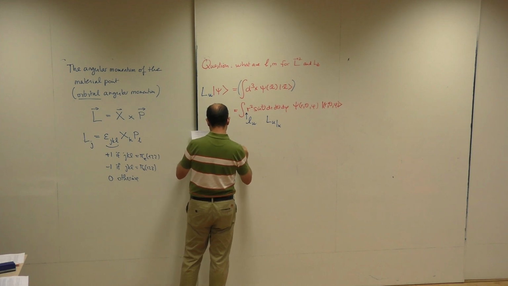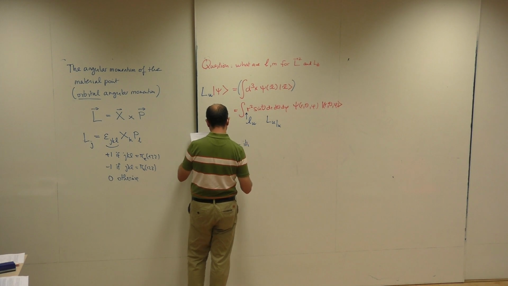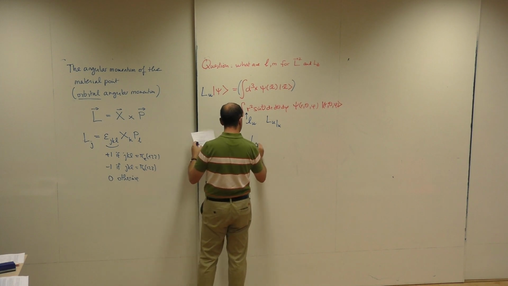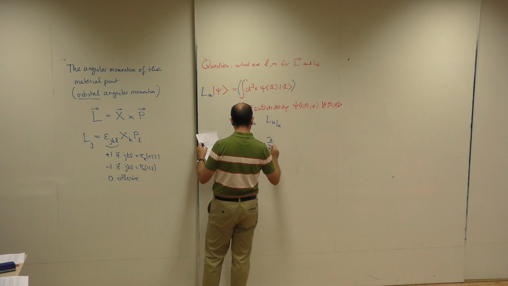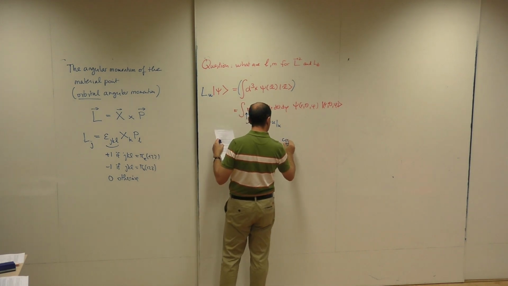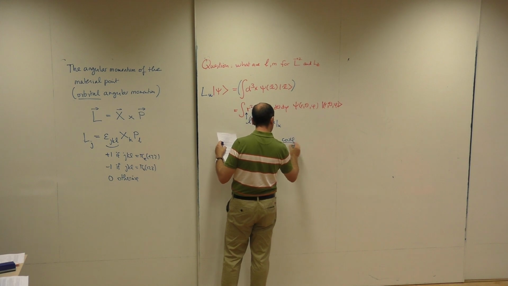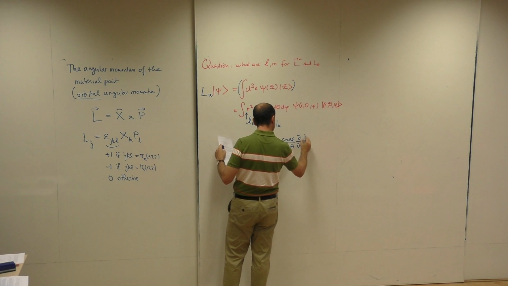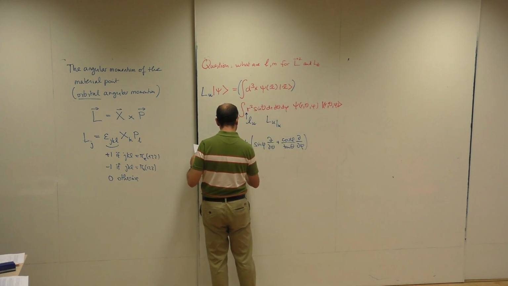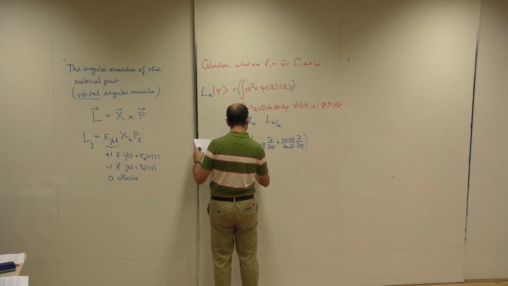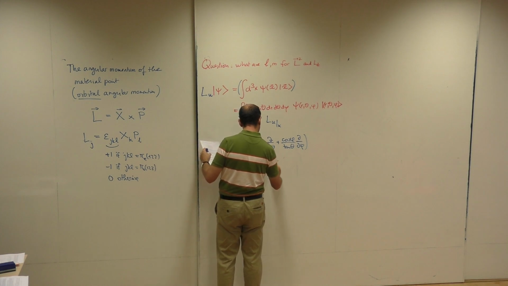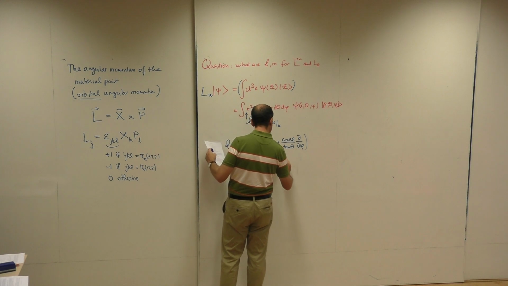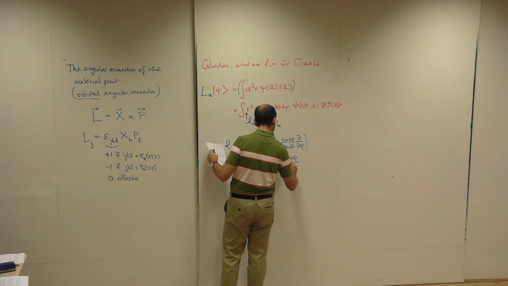Lx is a nasty thing, i h bar, sin phi d over d theta plus cos phi over tangent theta d over d phi. Ly is something, of course, similar because there's not much reason to find an asymmetry between x and y apart from the fact that maybe some things can change in phi.